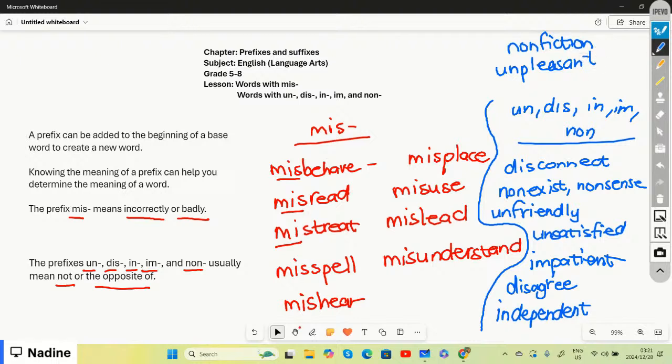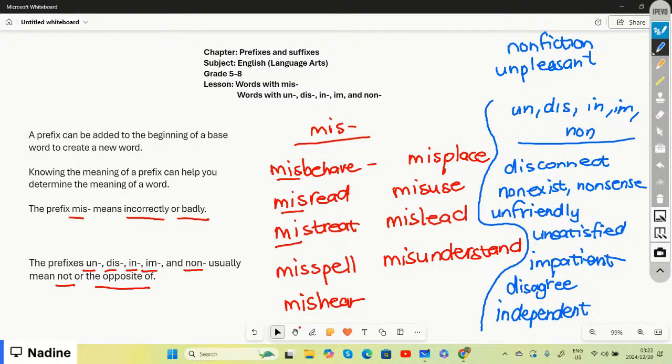And that is but a few examples of the prefixes, which are un, dis, in, im, and non. They mean either not, or the opposite of the base word.